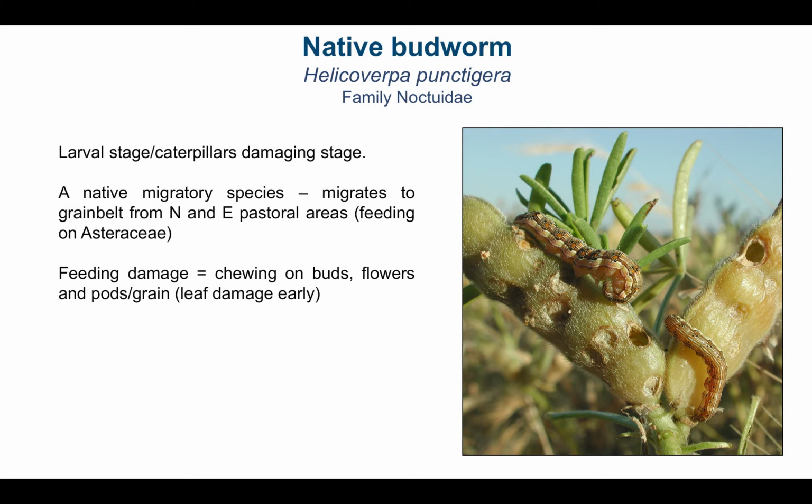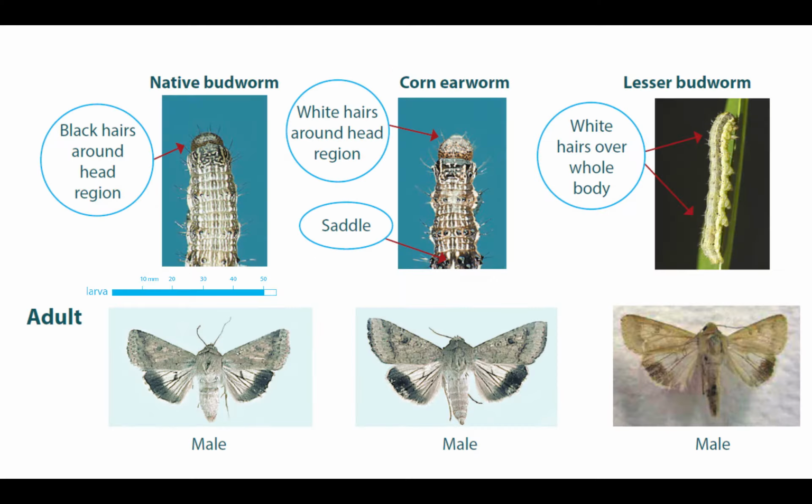It's the damage that the caterpillars cause pretty much from budding that causes the most yield loss in our pulse crops. But the one distinguishing feature that they have is that the native budworm have black hairs at the head capsule and along their body.